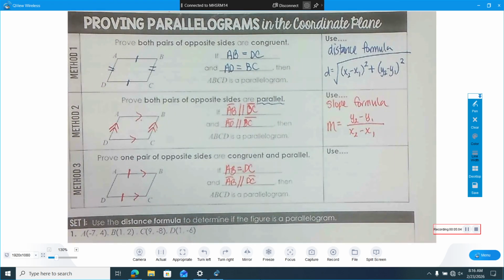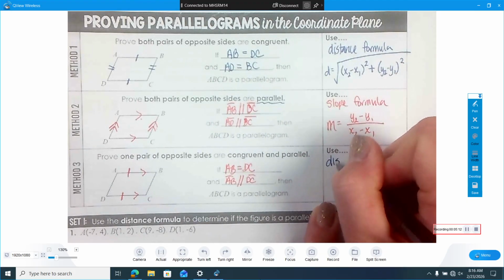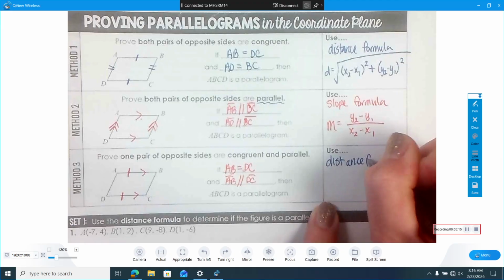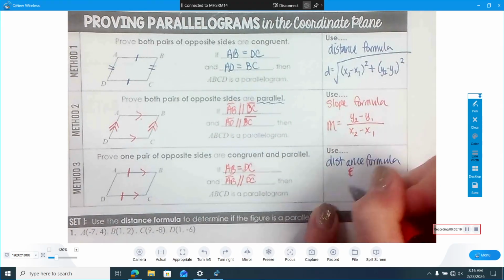If we prove that they're both the same length and parallel, then we also have a parallelogram. So we would have to use the distance formula and the slope formula.